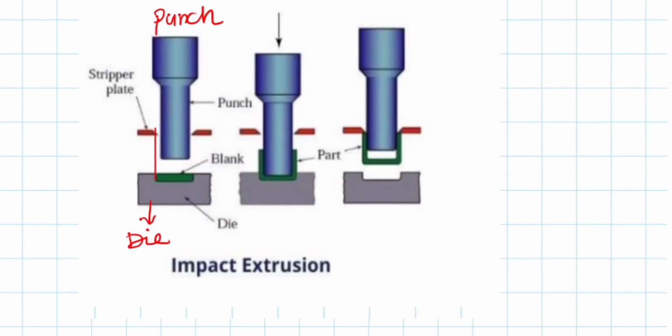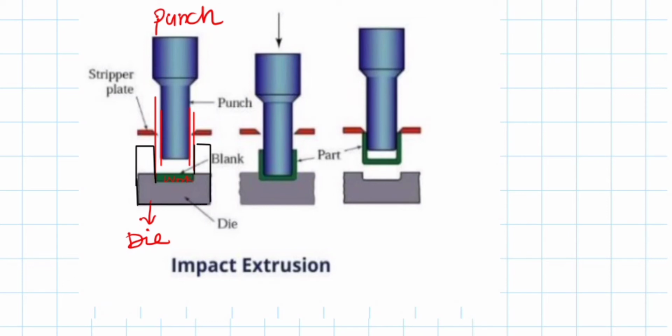So if we closely look, this is the clearance between the punch and the die. So when the punch makes contact with the workpiece material, this is the workpiece blank, it compresses it, and the only space left for the workpiece to come out is this clearance between the die and the punch. So this is the actual representation of the die as I have shown here.